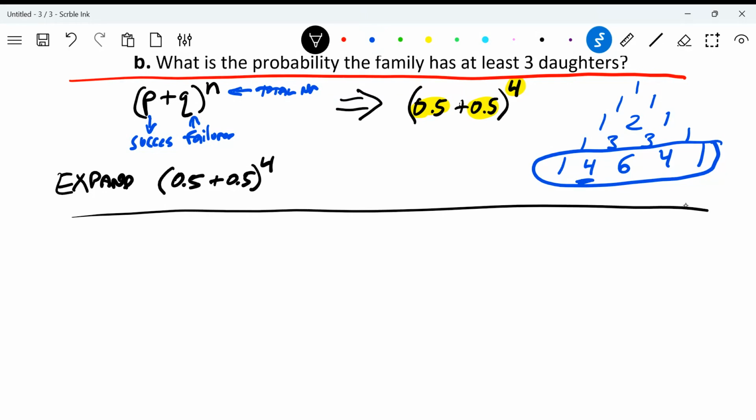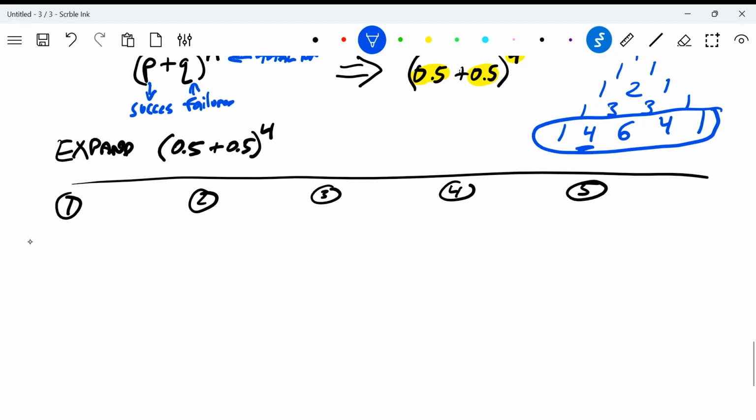So let's expand it by putting the first term here, the second term here, the third term here, the fourth term here, and the fifth term here. I know already that my first coefficient will be 1, then 4, then 6, then 4, then 1.